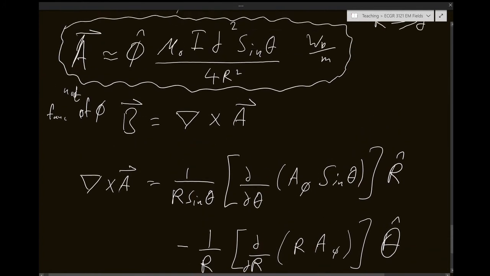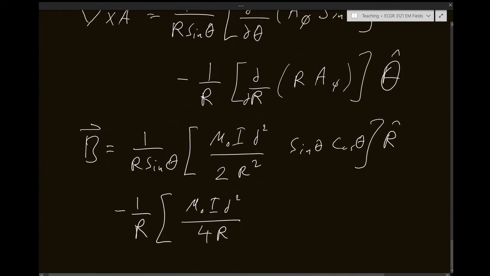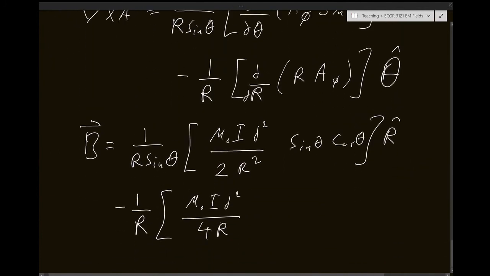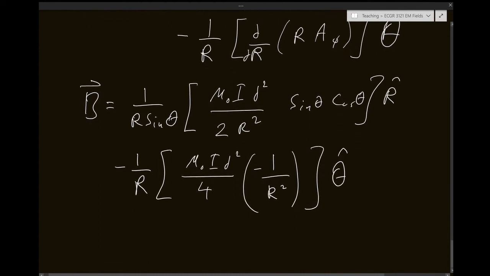So it's r A phi, right? So r A phi is going to be over 4r. The r cancels one of the r squared, and then we differentiate this with respect to r. So 1 over r differentiated with respect to r gives me minus 1 over r squared. And this is theta hat. Simplifying matters, taking out all the common terms.